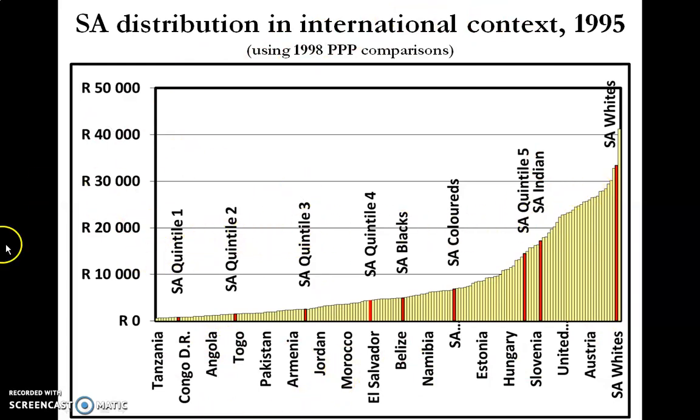And a lot of this is driven by race because of apartheid, but you can also look at it by quintiles, where quintile 1 is your poorest quintile and quintile 5 is your richest quintile.